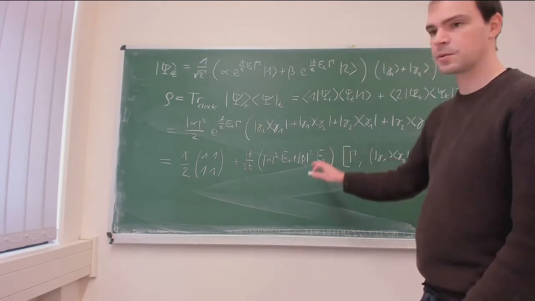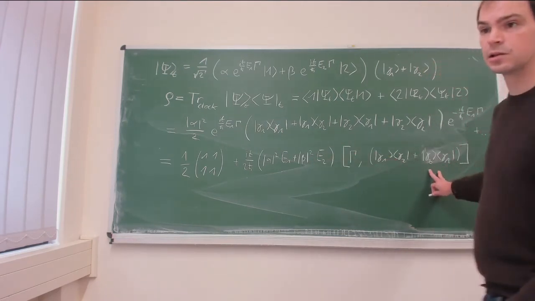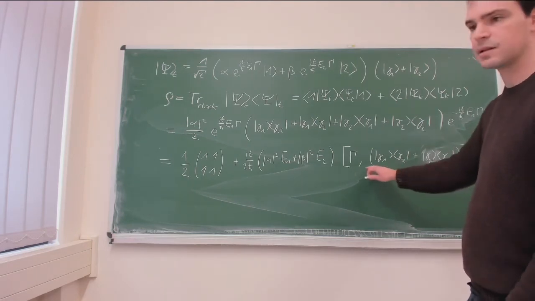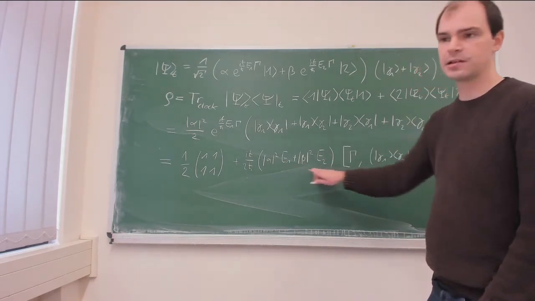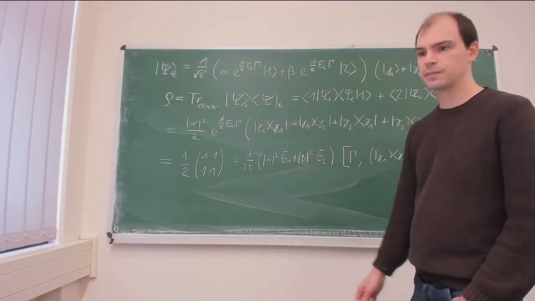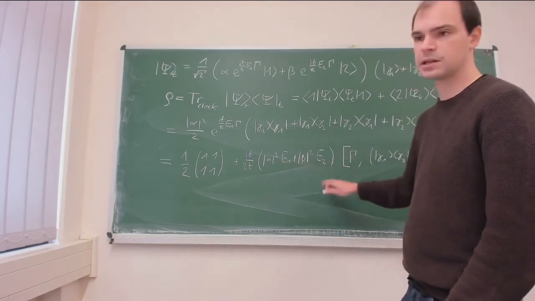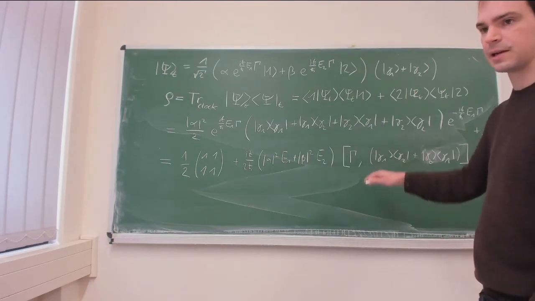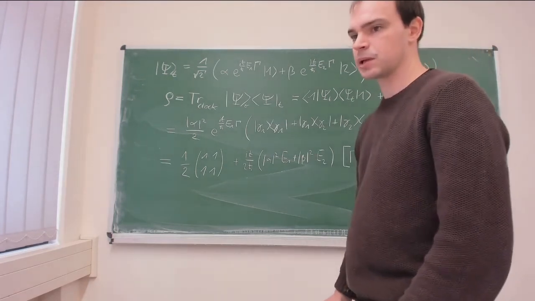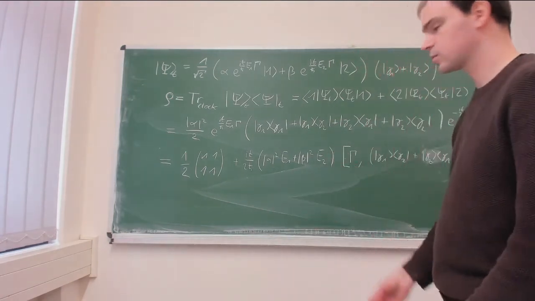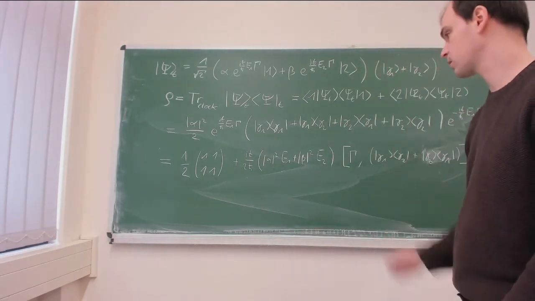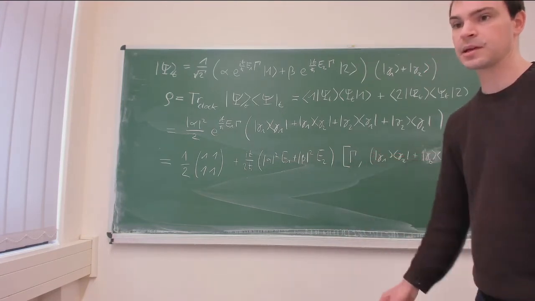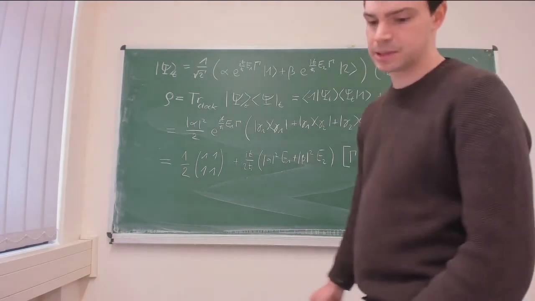You see it affects the off-diagonal terms. If there is a difference between E1 and E2, then this will suppress the off-diagonal elements. So it will lead to a dephasing, or something that looks like a decoherence effect. The interference pattern will disappear because the off-diagonal terms in the density matrix disappear.